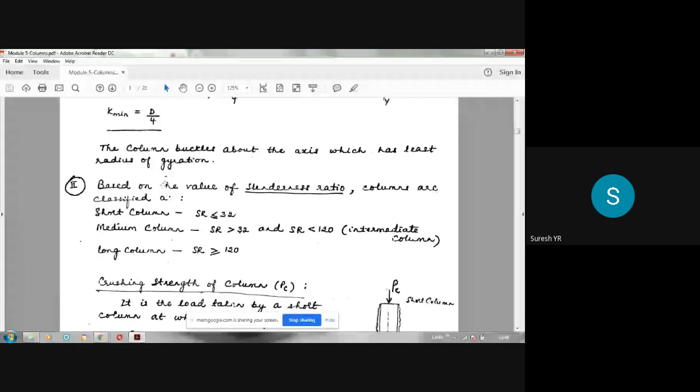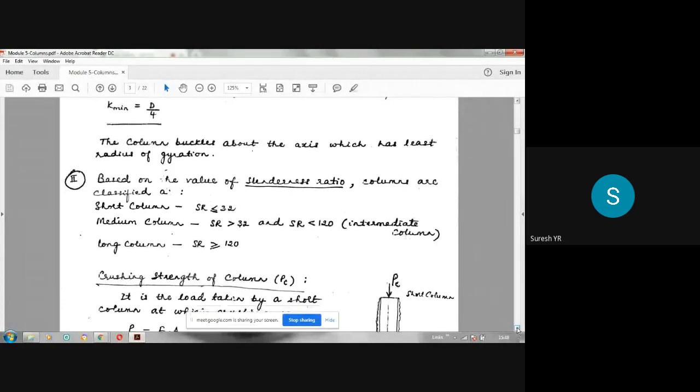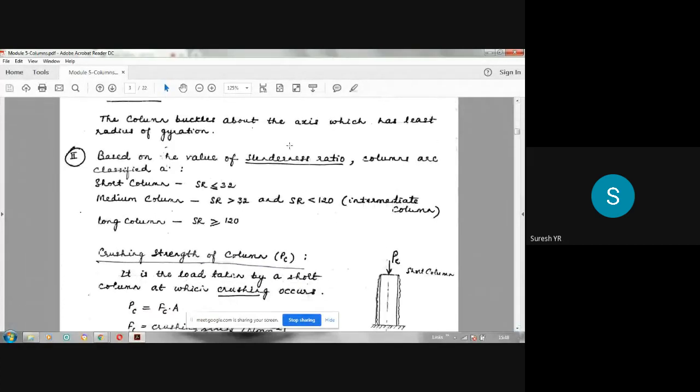Whereas if you classify the columns based on the slenderness ratio I just defined, the ratio of effective length of the column to minimum radius of gyration, and that value is less than or equal to 32, then the column is called a short column. If that value lies between 32 and 120, it is called a medium or intermediate column.